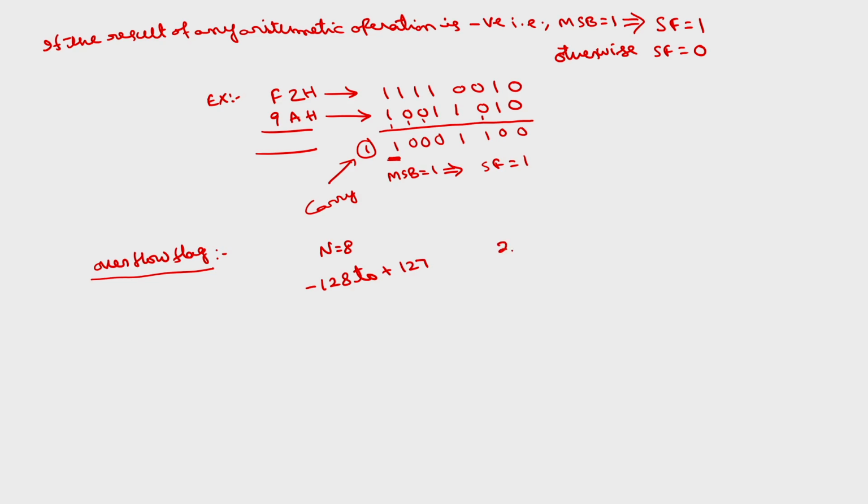In general, this is minus 2 raised to the power of n minus 1 to plus 2 raised to the power of n minus 1, minus 1. If the result of any arithmetic operation is outside this range, then the overflow flag will be set.